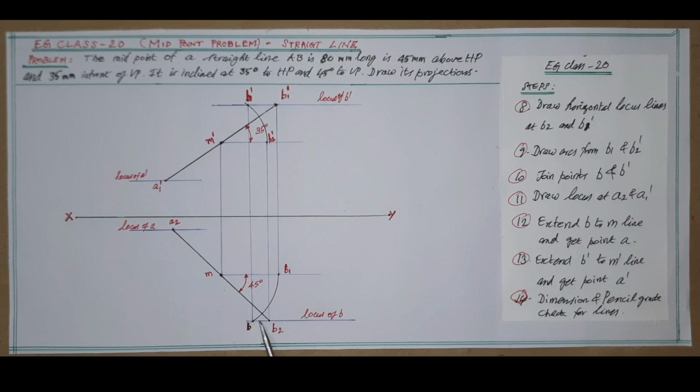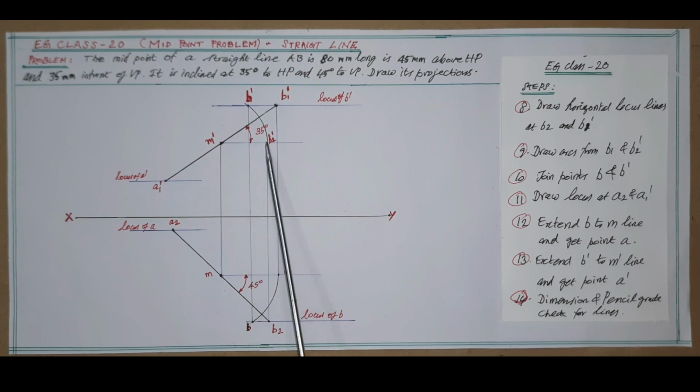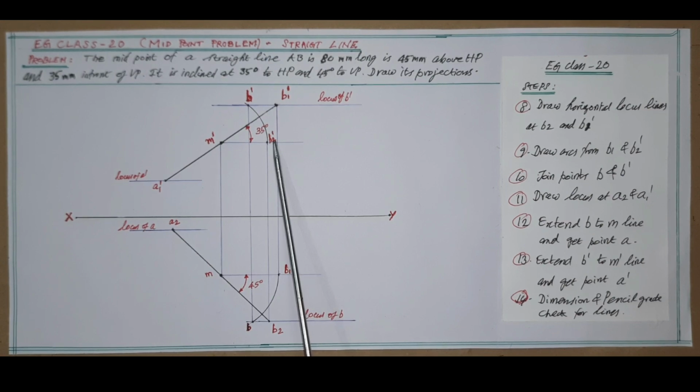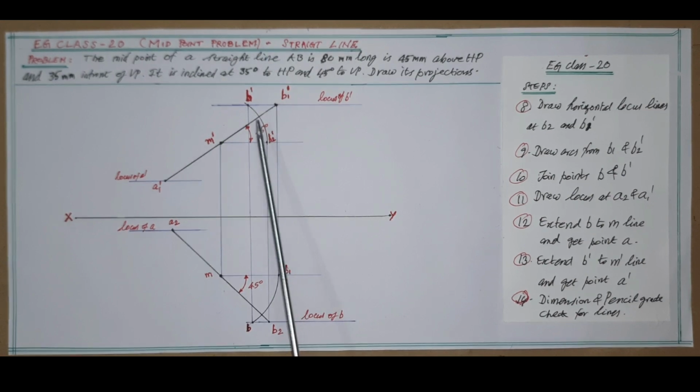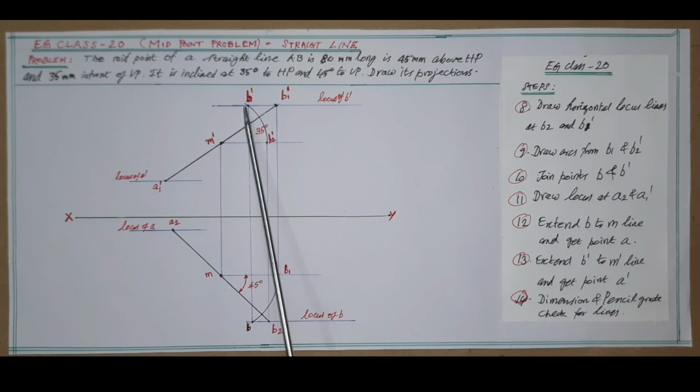Similarly, draw an arc from the imaginary end, that is B2 dash, with M dash as center towards the anti-clockwise direction from B2 dash to get the reduced length of the line in the locus line at the final image when rotated to some angle as given in the problem.